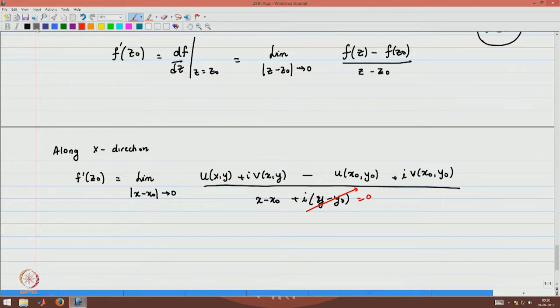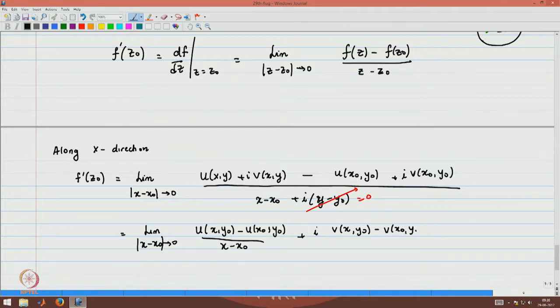So I will simplify this in the following way. u of x y 0 minus u of x 0 y 0 divided by x minus x 0, plus I times v of x y 0 minus v of x 0 y 0 divided by x minus x 0. Now this is just like a derivative with respect to x.